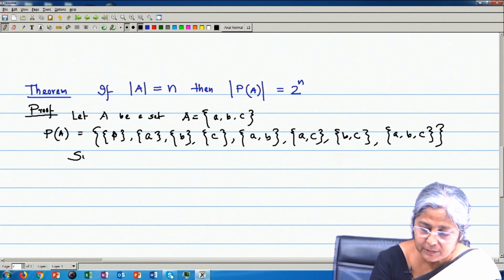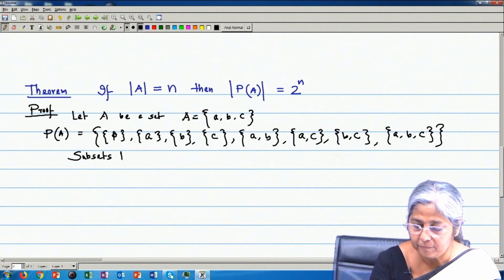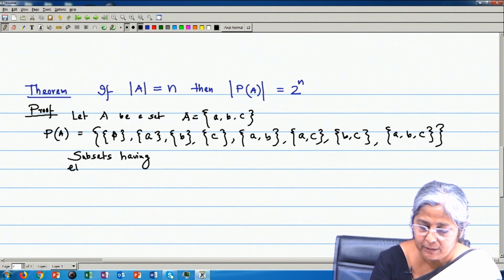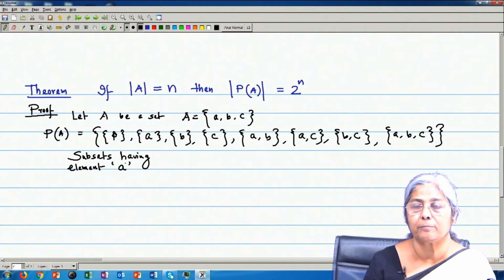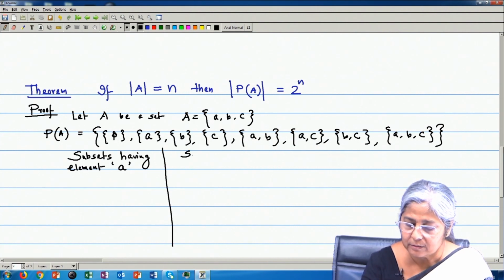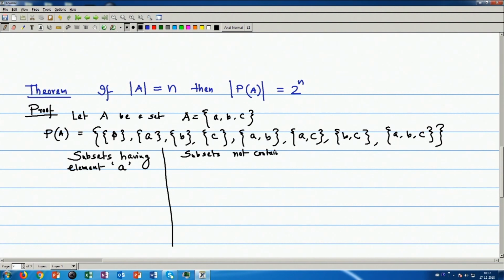One class is the subsets having the element a, say one particular element a I am considering, and the other is subsets not containing the element a. What are the subsets having element a?